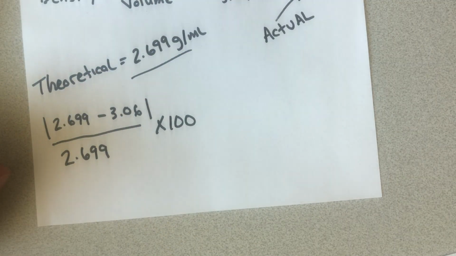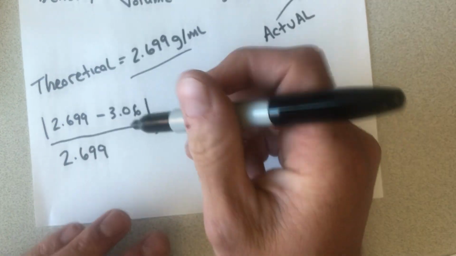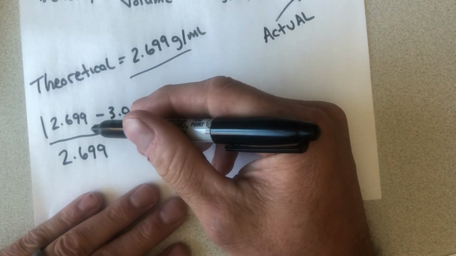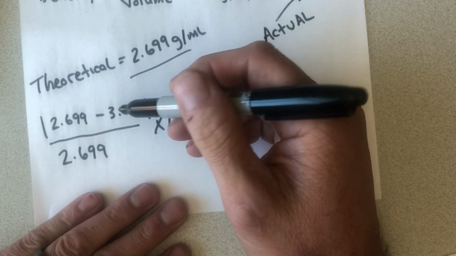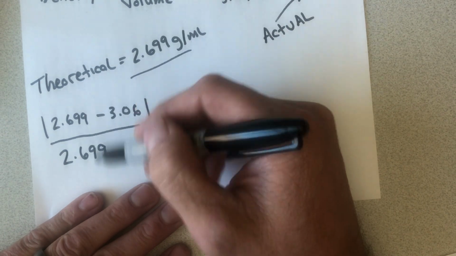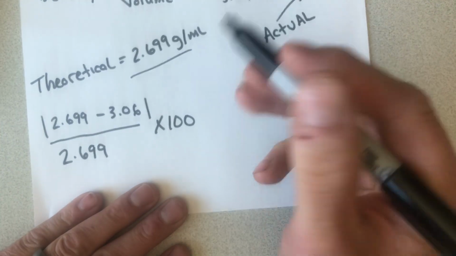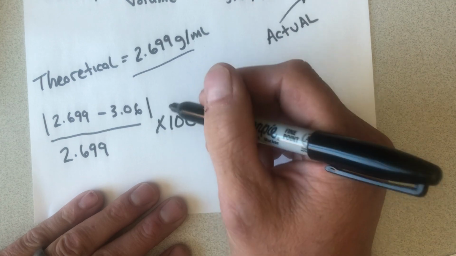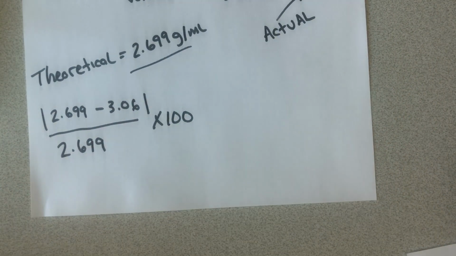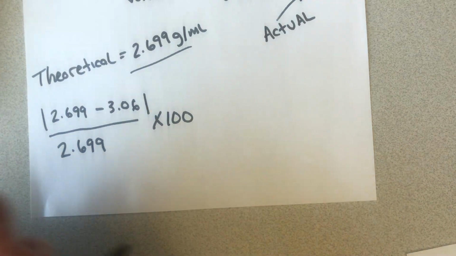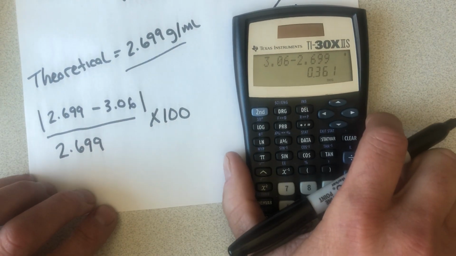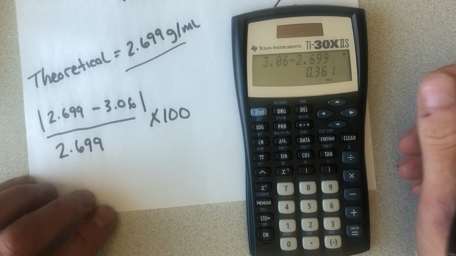So this is a multi-step problem because we have several different math functions. We have a subtraction problem with its own set of rules for recording an answer, and then we've got a division problem as well. So we've got 2 rules that we need to follow, and so let's find the difference between those numbers first. Okay, so the value of the difference here is 0.361.